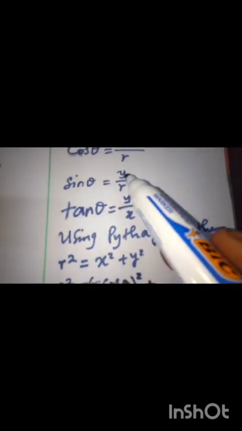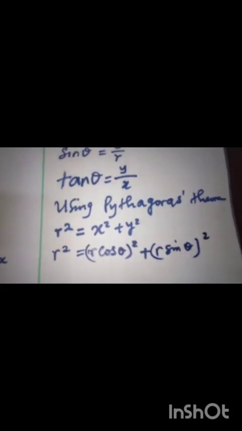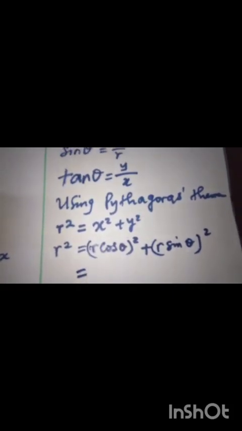Sine theta is y over r, which implies y is r sine theta, so we have r sine theta, all that squared. When you square this, it gives us r squared cos squared theta plus r squared sine squared theta.